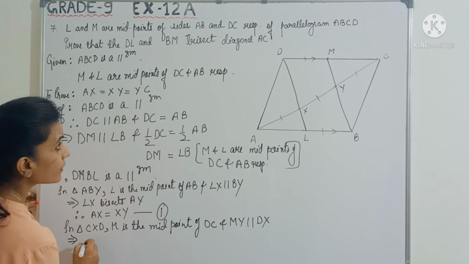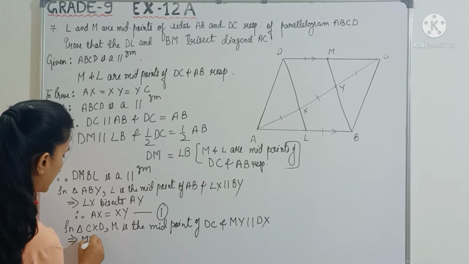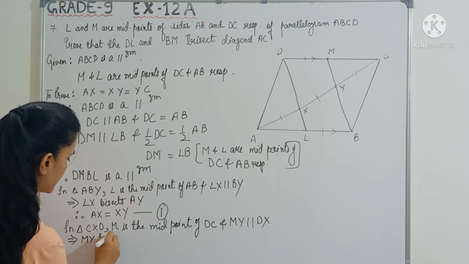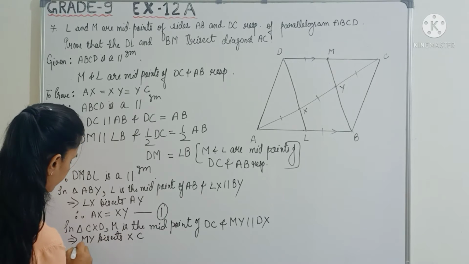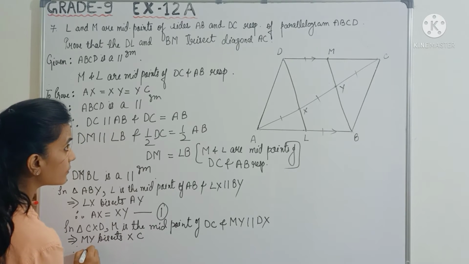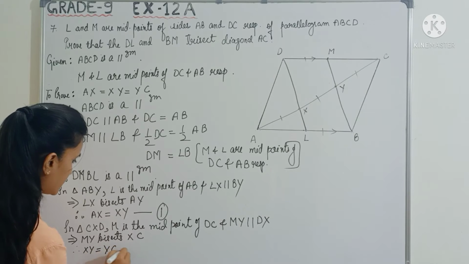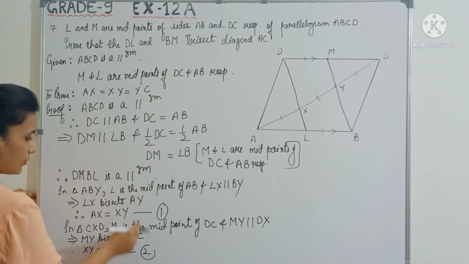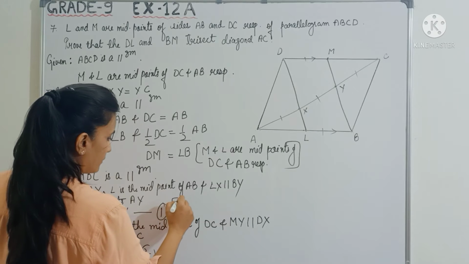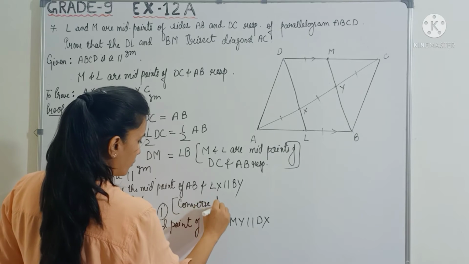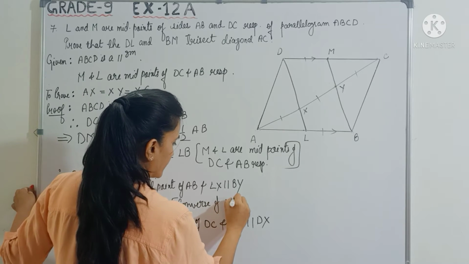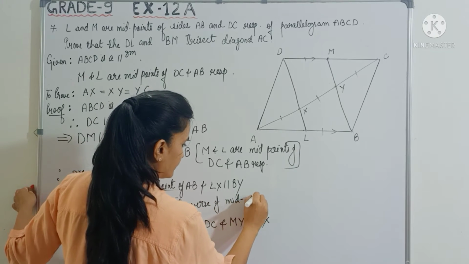This implies MY bisects XC. Therefore, XY is equal to YC. You can name it 2. Now these both are from the converse of midpoint theorem.